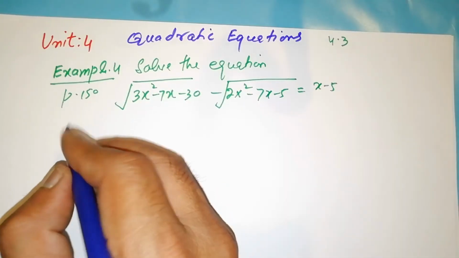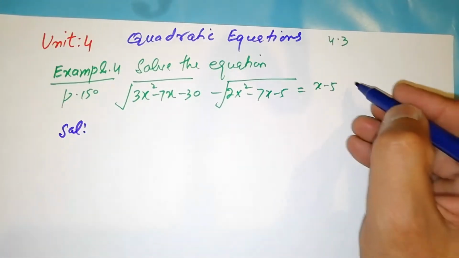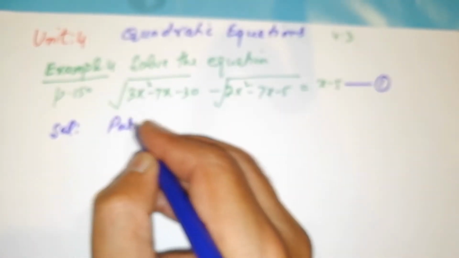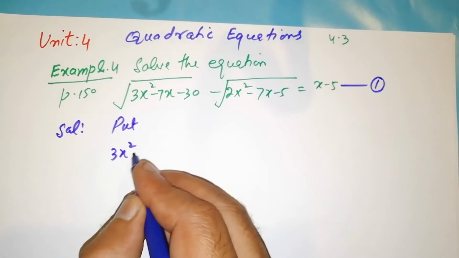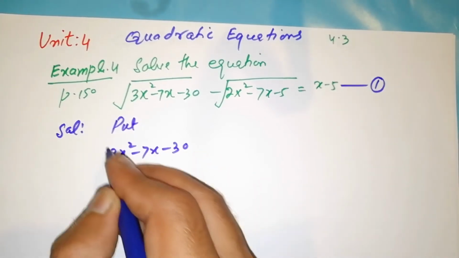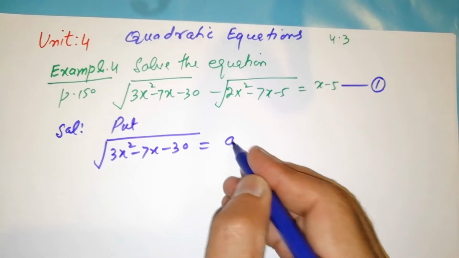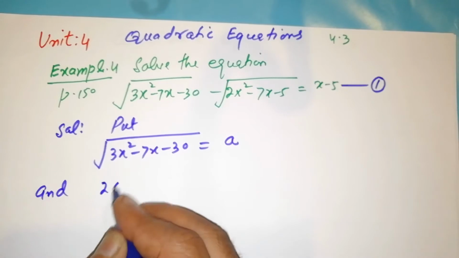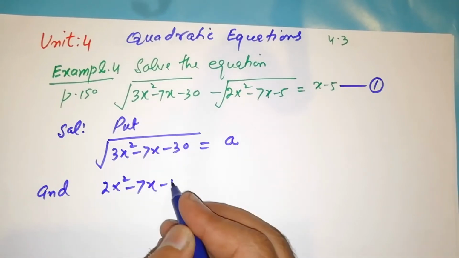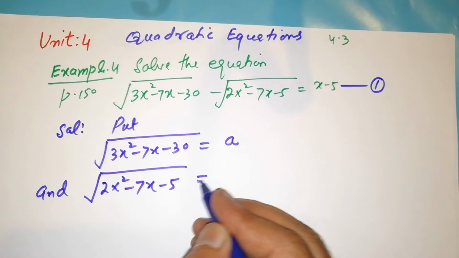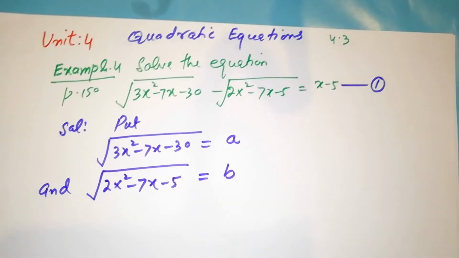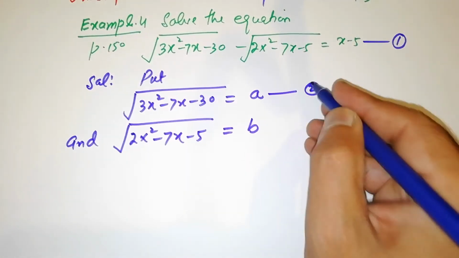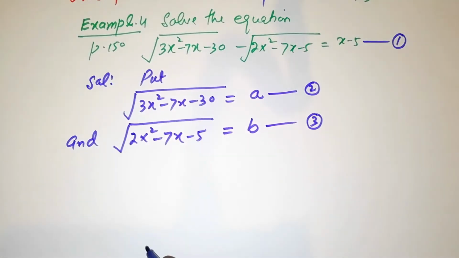Question number 4, solution. If this is equation number 1, put the square root of 3x square minus 7x minus 30 equal to A, and the square root of 2x square minus 7x minus 5 equal to B. If we say these two terms A and B, this is equation number 2 and this is equation number 3.